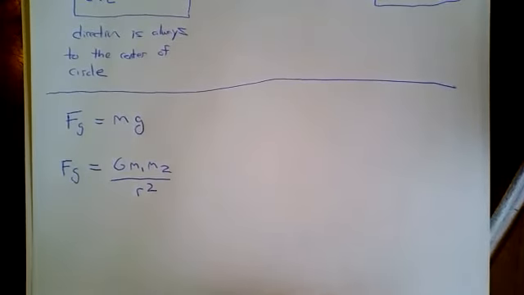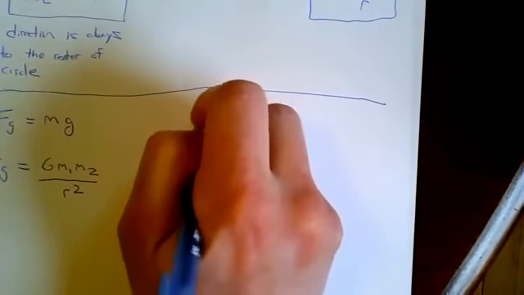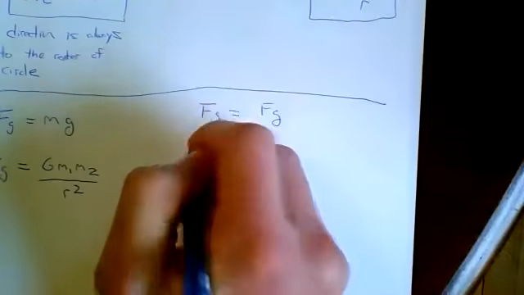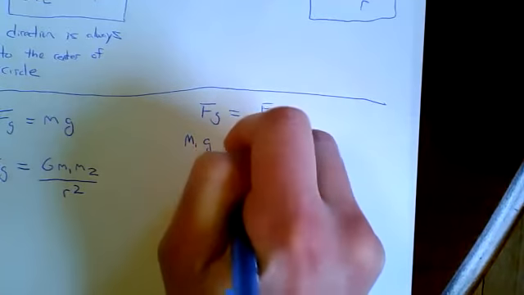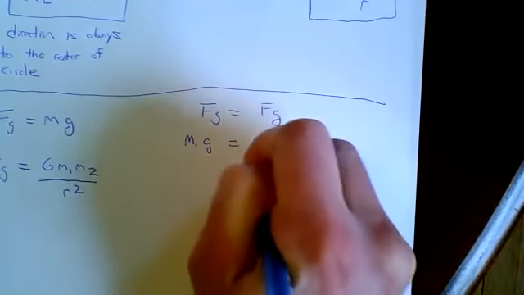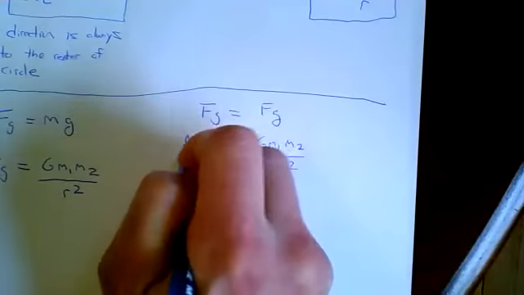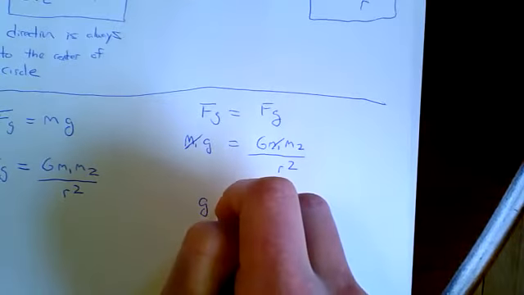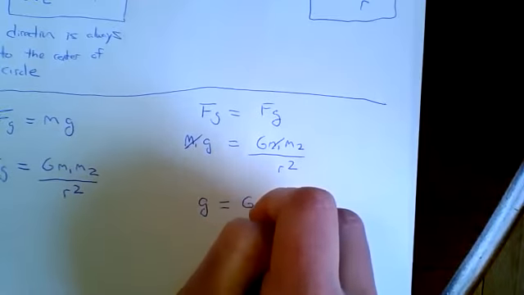So what we can do, of course, is make them equal to each other. We can say F g equals F g. So m, and this is going to be m1. Mass cancels. And you have little g, the acceleration due to gravity, equals big G.